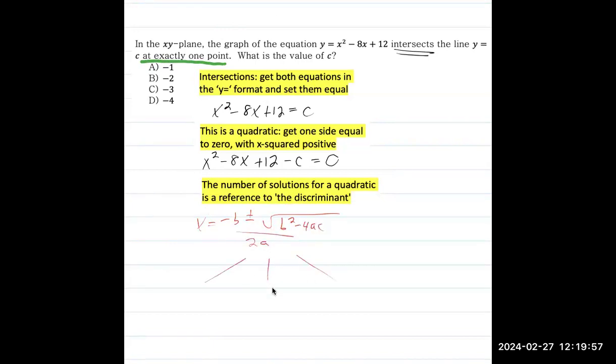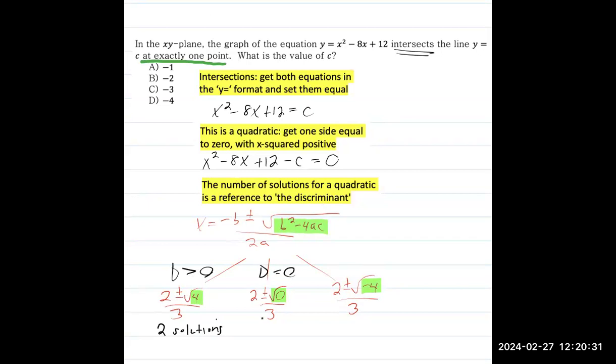And we're going to put some fake numbers in here that don't have to do with this question, just to show you what happens when you plug in a positive, a 0, or a negative discriminant. Now, the discriminant is this part of the equation, so it's positive, 0, or negative. And when the discriminant is positive, we're going to have two solutions, two answers, because we'd be adding 2 and taking away 2.